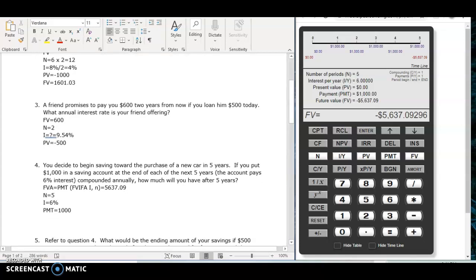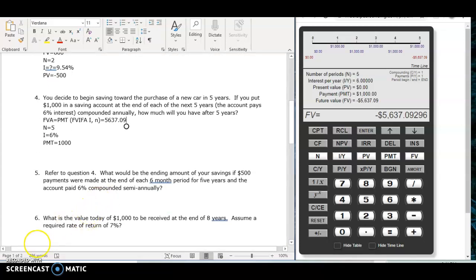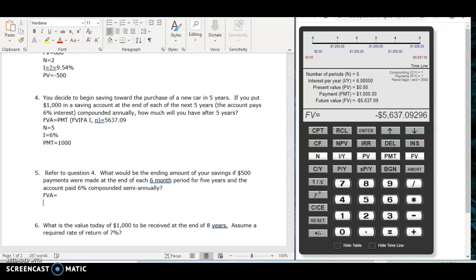All right, let's look at number 5. Number 5, we're going back to the same kind of thing, except this time we're putting $500 in every 6 months instead of $1,000 per year. So we have to look at how that changes our numbers. We still have future value of an annuity that we're solving for.